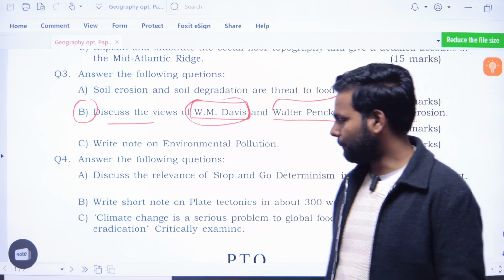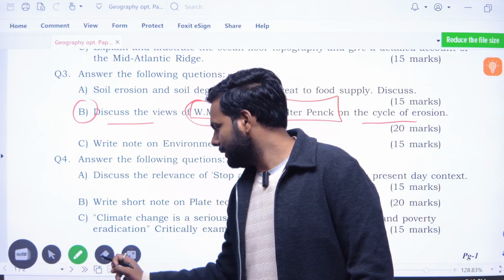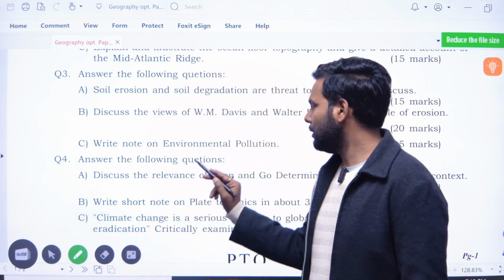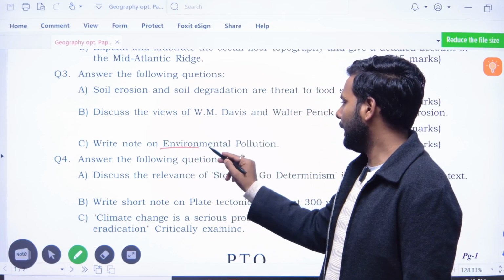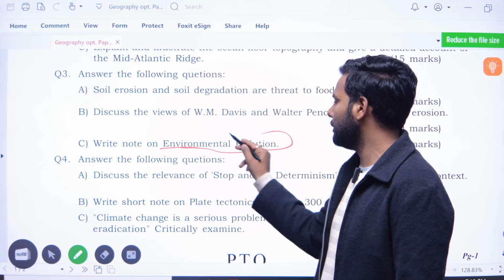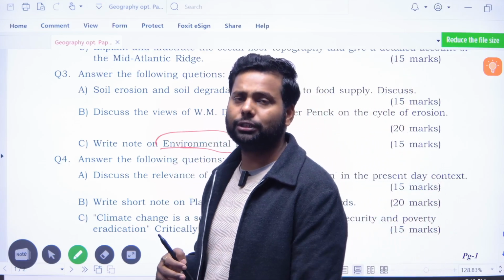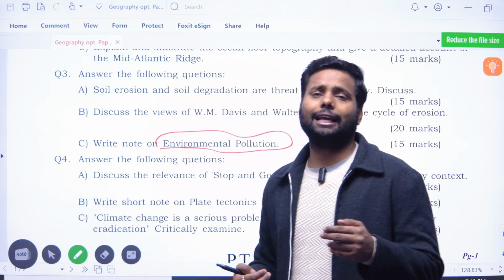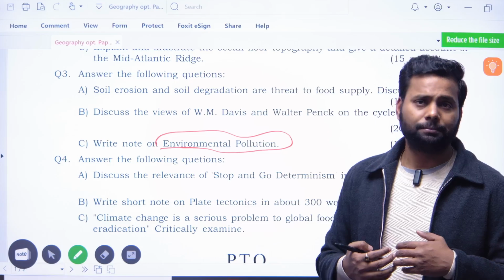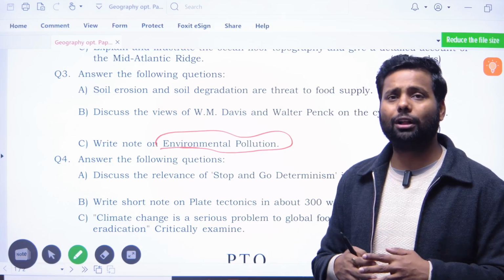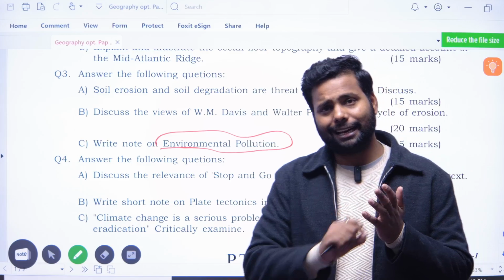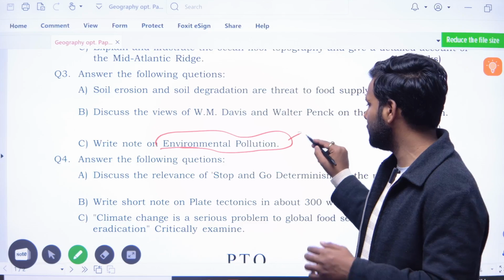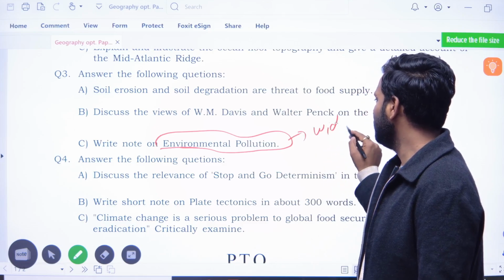Okay, now another question: write a note on environmental pollution. We all know that environmental pollution is a very big and wide term. All types of pollution, like air pollution, water pollution, noise pollution, nuclear pollution, you have to write more content, because these questions are very wide open.